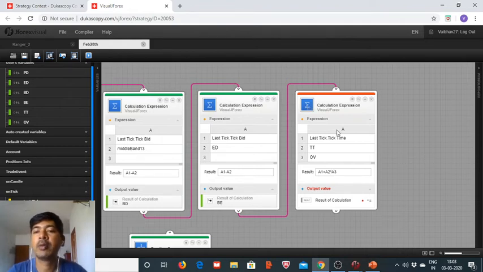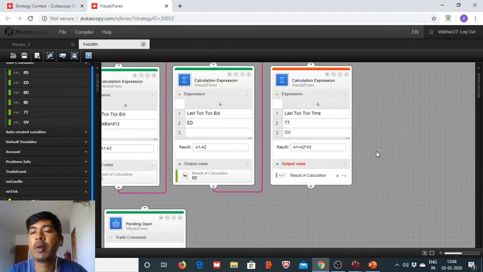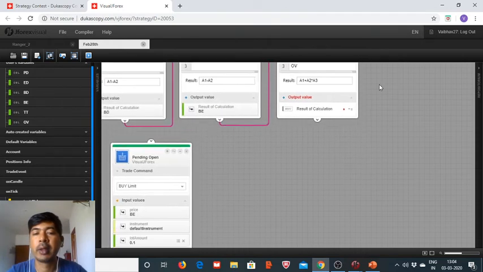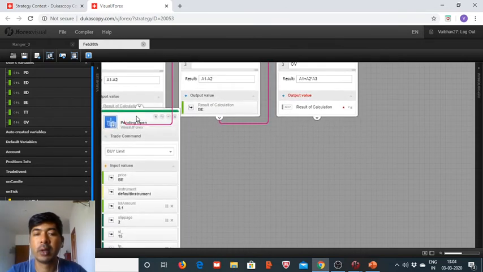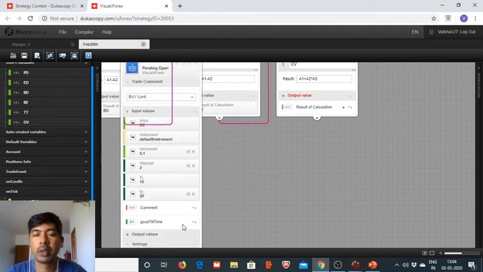What we have done is added 7.2 million ticks to the last tick time. That means our order will be valid for the next 7.2 million ticks, which is exactly 2 hours. And as a result of this calculation, we will put it in this good till time.